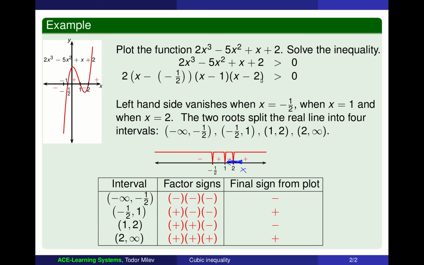This term, x minus 2, this multiplicative term here, changes from having been positive to negative, right? Because as x moves across 2, x just became smaller than 2. It used to be greater than 2. So x minus 2 became negative. So this term, the last term, moved from positive to negative.